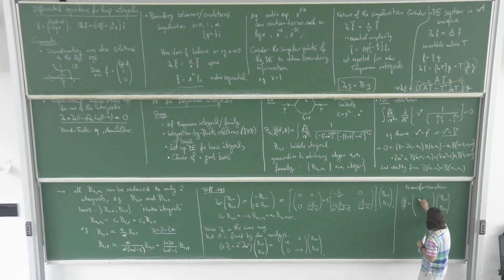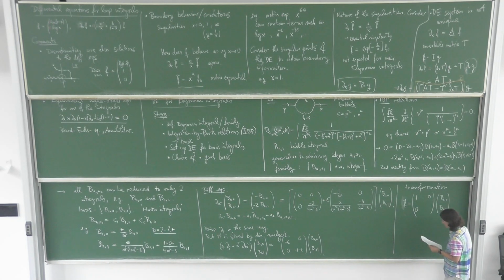And actually it turns out that only something very simple is needed. We have a triangular matrix, where I need a little bit of space, sorry. So in the lower right we have square root of minus s times 4m squared minus s. And there we have b 1 0, b 1 1.